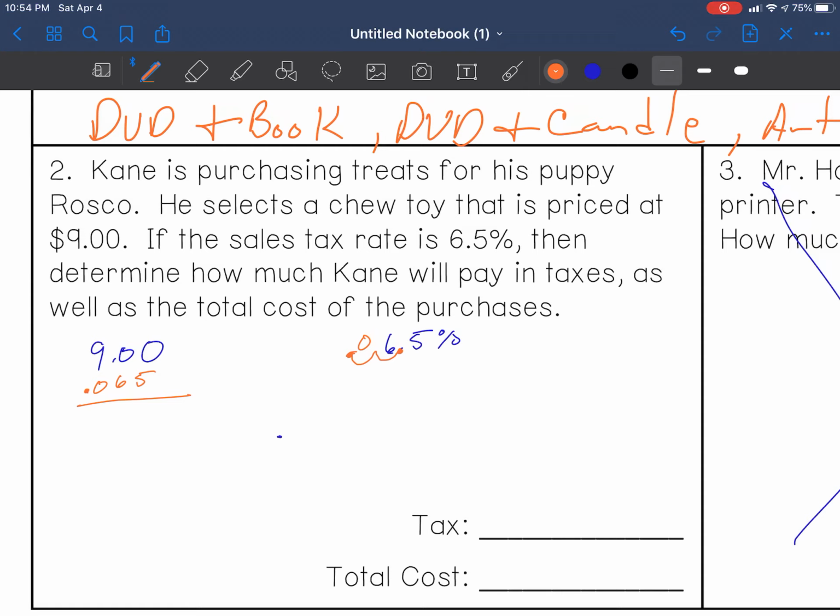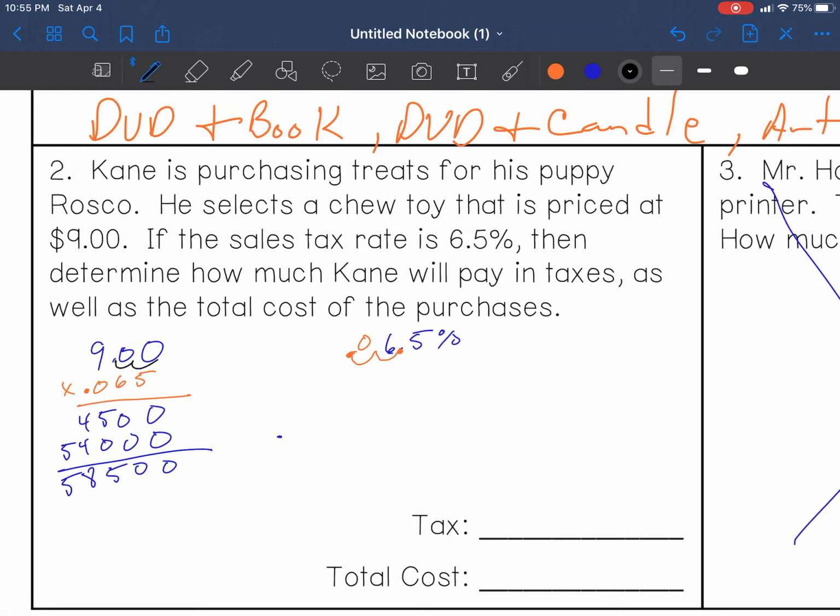Now I end up multiplying. 5 times 0, 0. 5 times 9, 45. Add my spacer. 6 times 0, 0. 9 times 6, 54. All right, I'm done. I don't have to multiply times that 0. 4 plus 4, 8, 5.